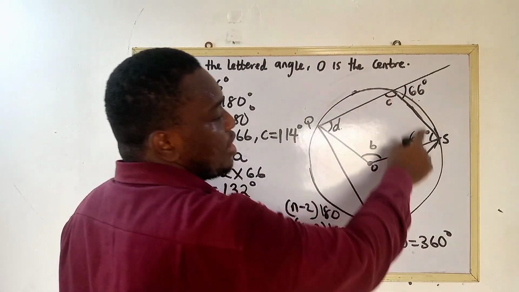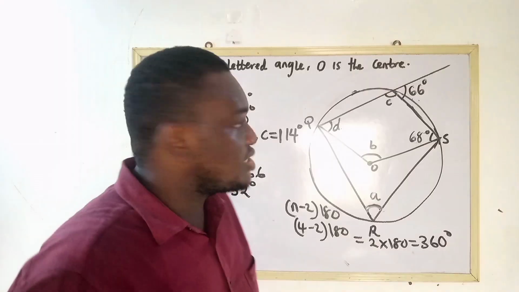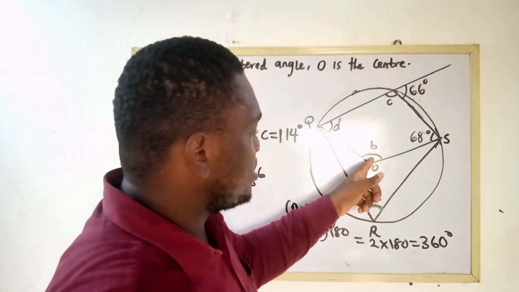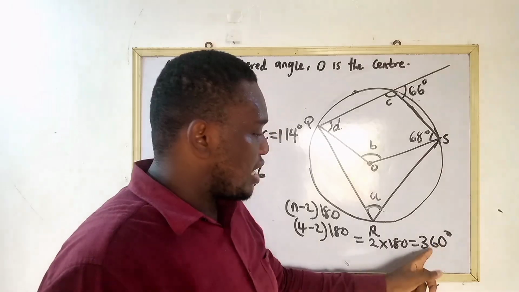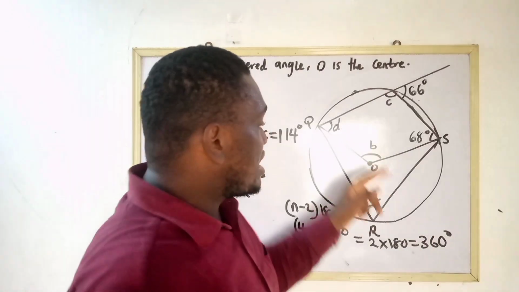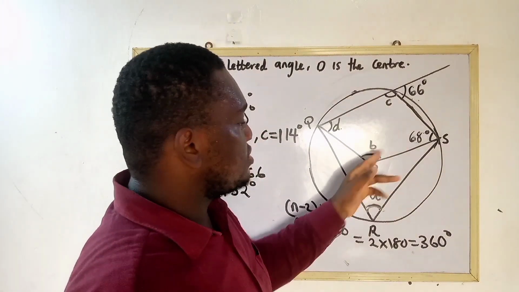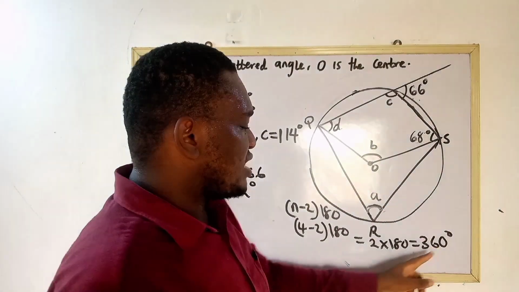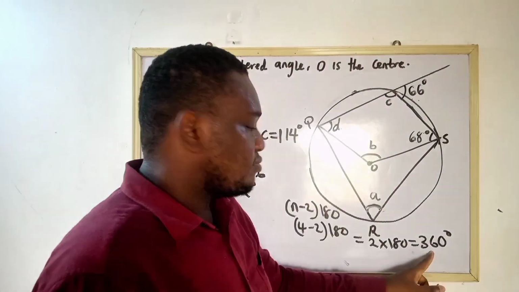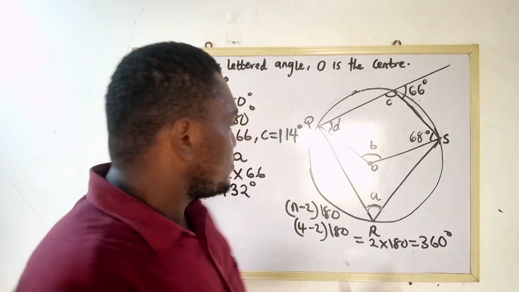So the sum of interior angles should be 360 degrees, meaning B plus 68 plus C plus D should sum up to 360. Since I already have the values for C and B, I can just get D by subtracting that sum from 360 degrees.